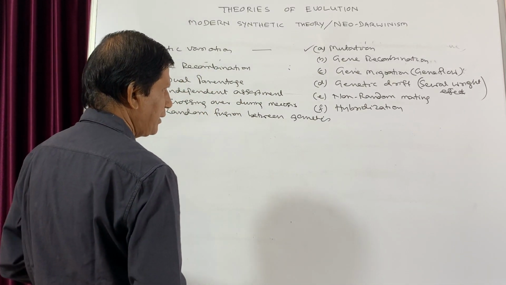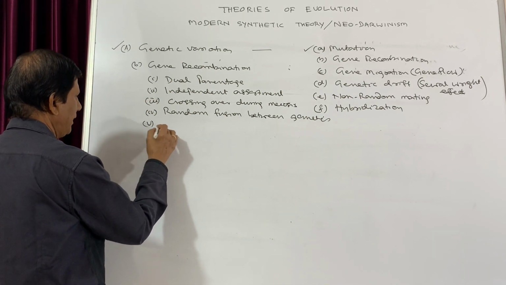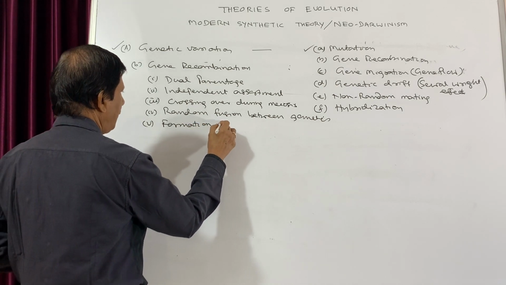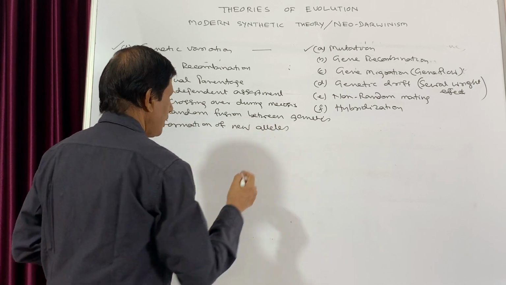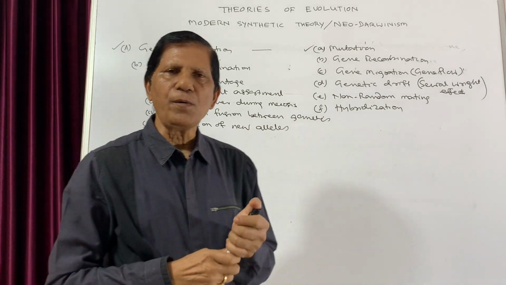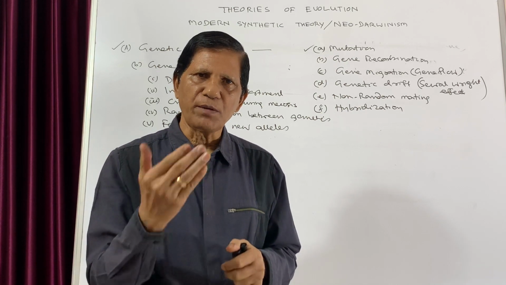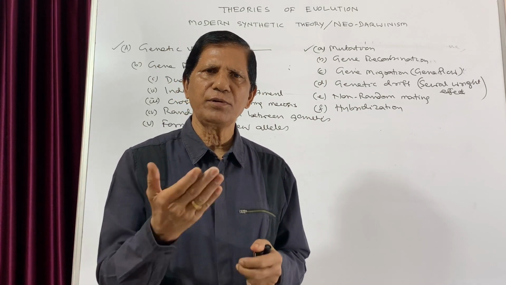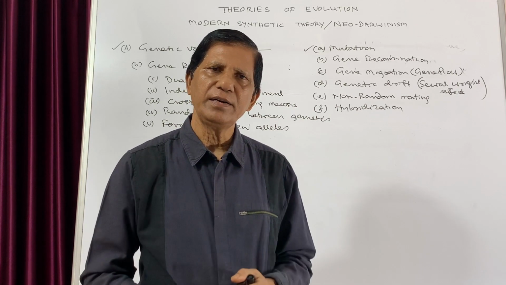Then another point is also we can tell that formation of new alleles. Now, usually we know that each gene has two alleles, but due to some reason, if more alleles form, as you know, in the case of human blood, there are three different alleles.